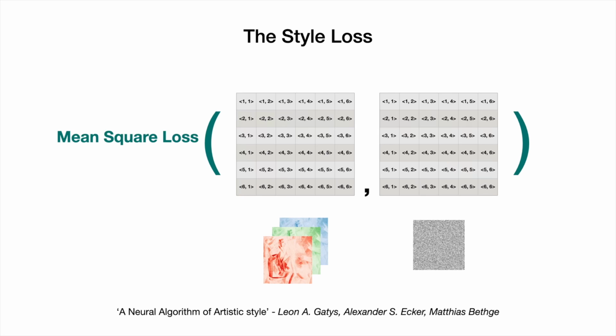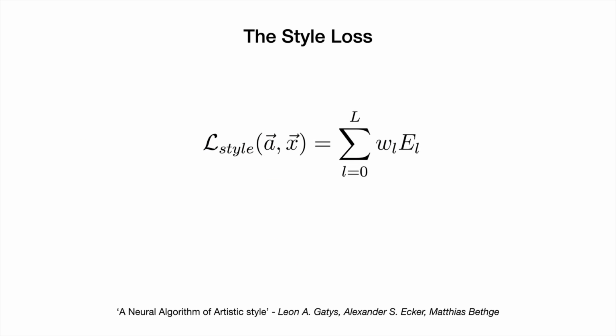Also, one thing to notice is that in the paper, the whole style loss is represented by combining the style loss from several different layers. The reason is that the paper's authors find that this method yields a better result.